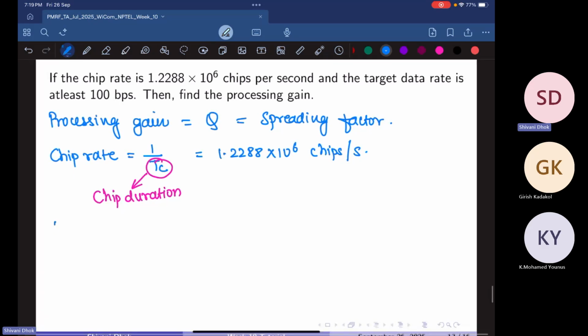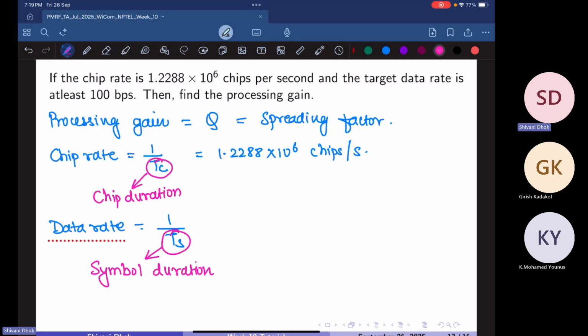And the data rate, which is 1 by Ts, where this Ts is your symbol duration, consider a BPSK kind of situation. So this is 100 bits per second.